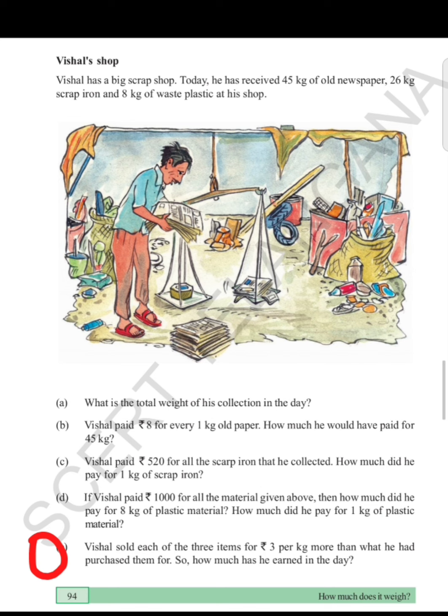So he purchased the 3 materials at some amount, but he is selling those materials by increasing the amount by 3. By adding 3 to the purchased amount, he is selling the materials. So obviously, when he is adding some amount to the purchased amount, he is getting some profit. But how much he is getting, we need to find out.